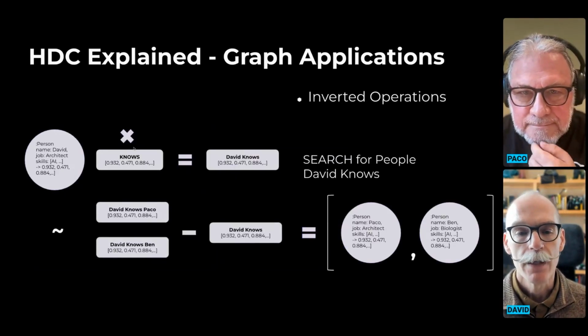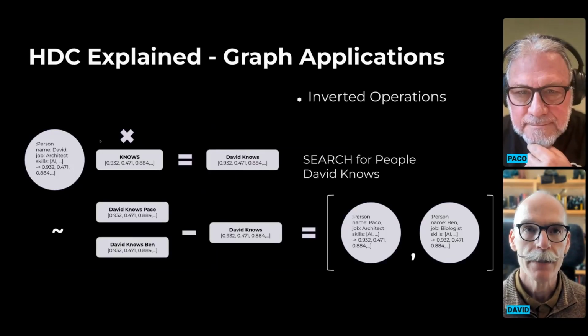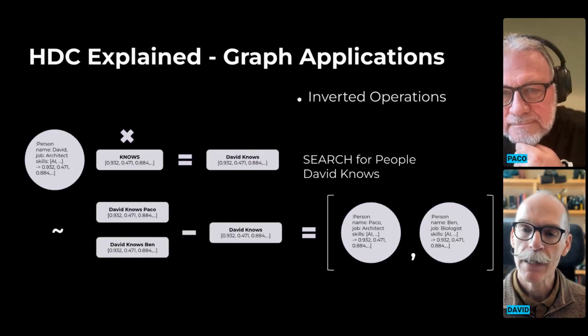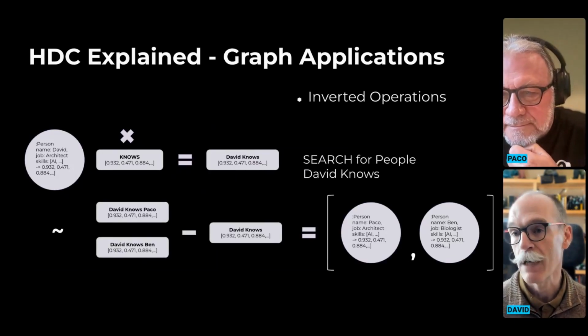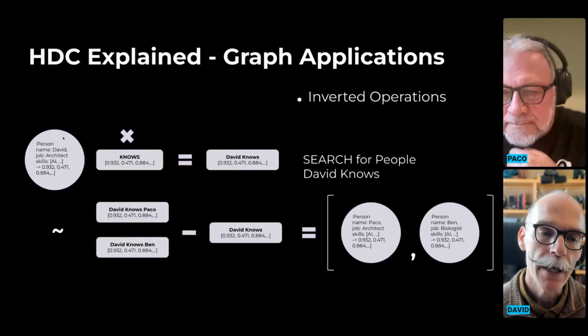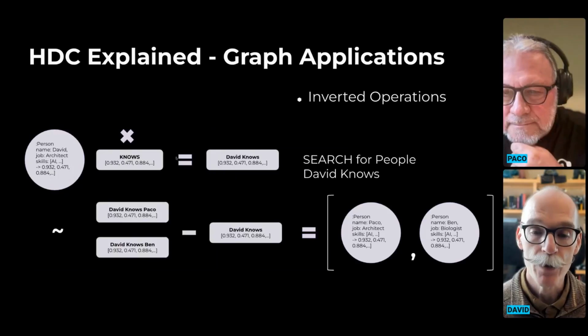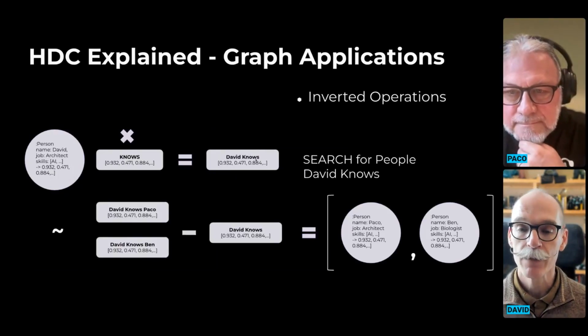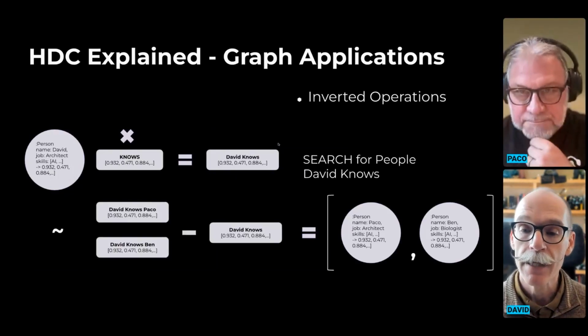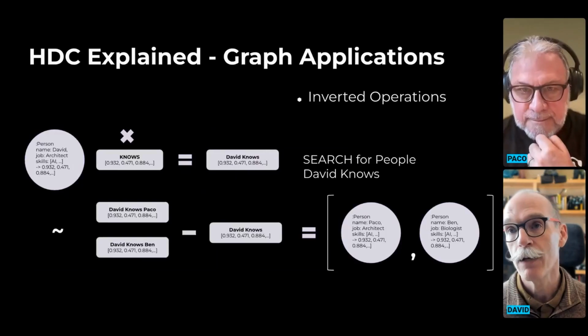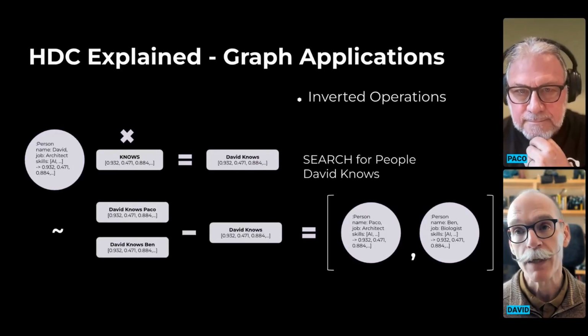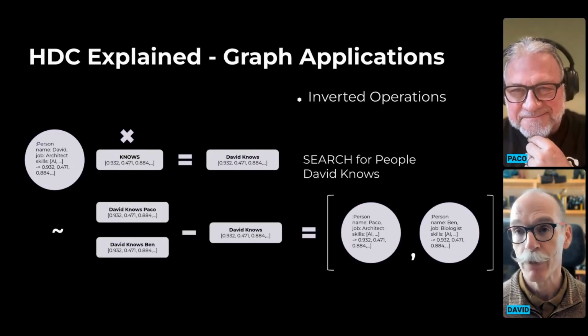Here we know the idea of inverting relationships allows us to retrieve information from a graph traversal. I can create a hypervector for the concept of David knows. And I can go and do a search throughout my embedding space, my graph now is just a big embedding space.